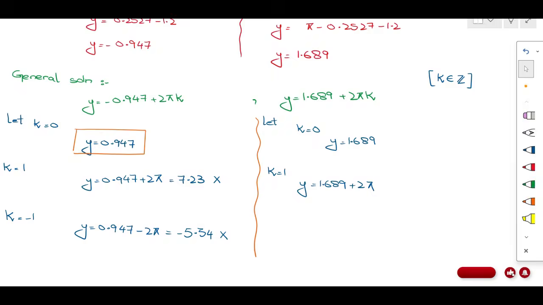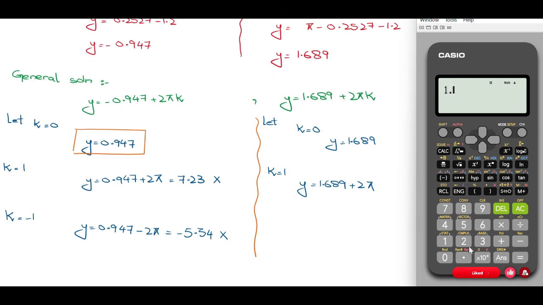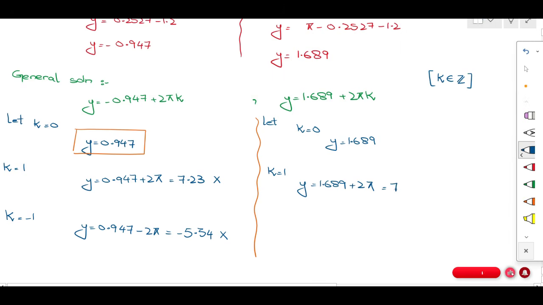Okay, so let me check. 1.689 plus 2 pi is 7.97, which means we are not supposed to add the values. Let's do the subtractions. Now when k equals -1, y is equal to 1.689 minus 2 pi.